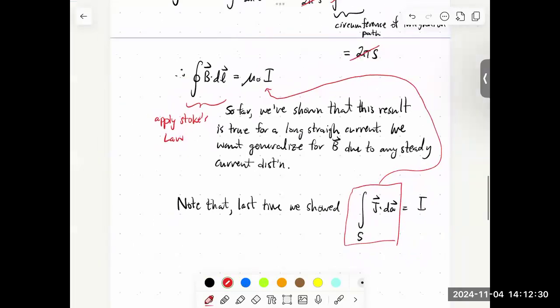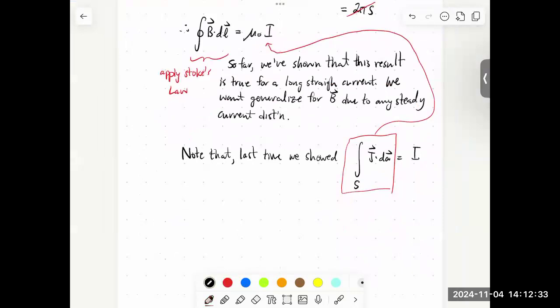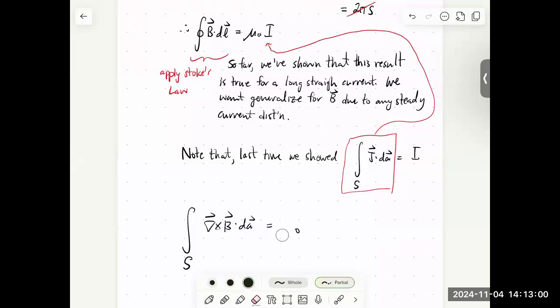Stokes' law says that this line integral is going to become a surface integral over S of the curl of B dot dA, equal to mu naught times I. But I is the integral of J dot dA, and let me take this constant inside the integral, so we'd have mu naught times J dotted with dA.